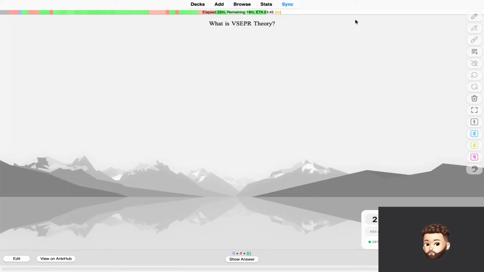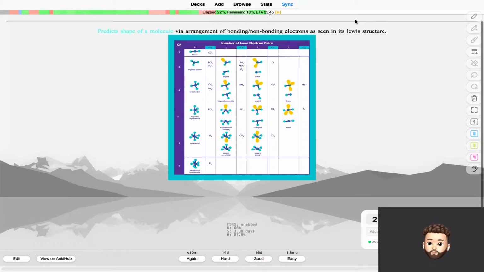Amplification. What is VSEPR theory? It's a means of predicting the shape of a molecule based on its bonded and unbonded electrons in the Lewis structure.